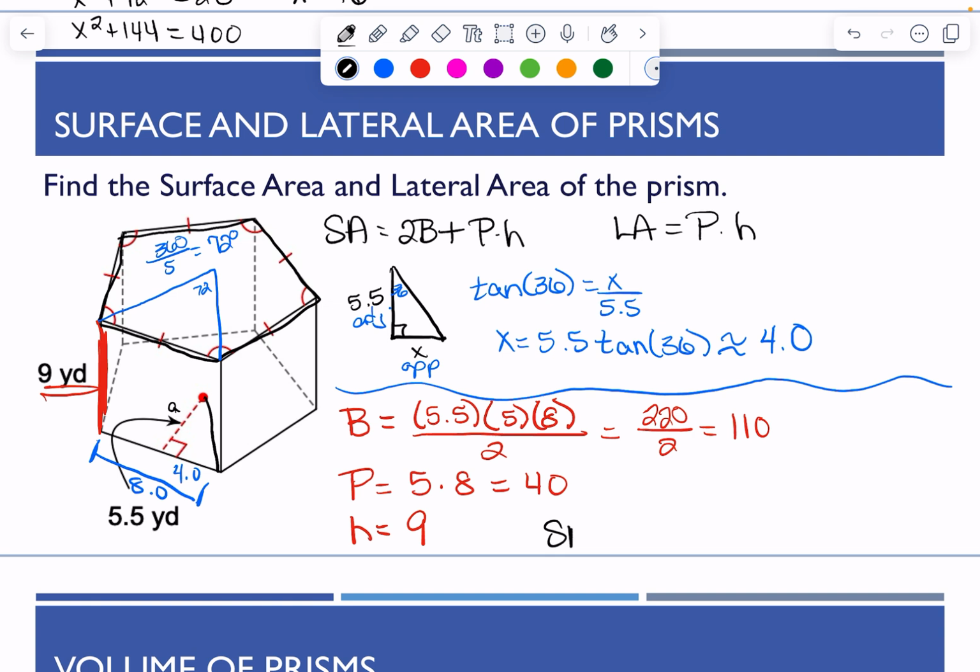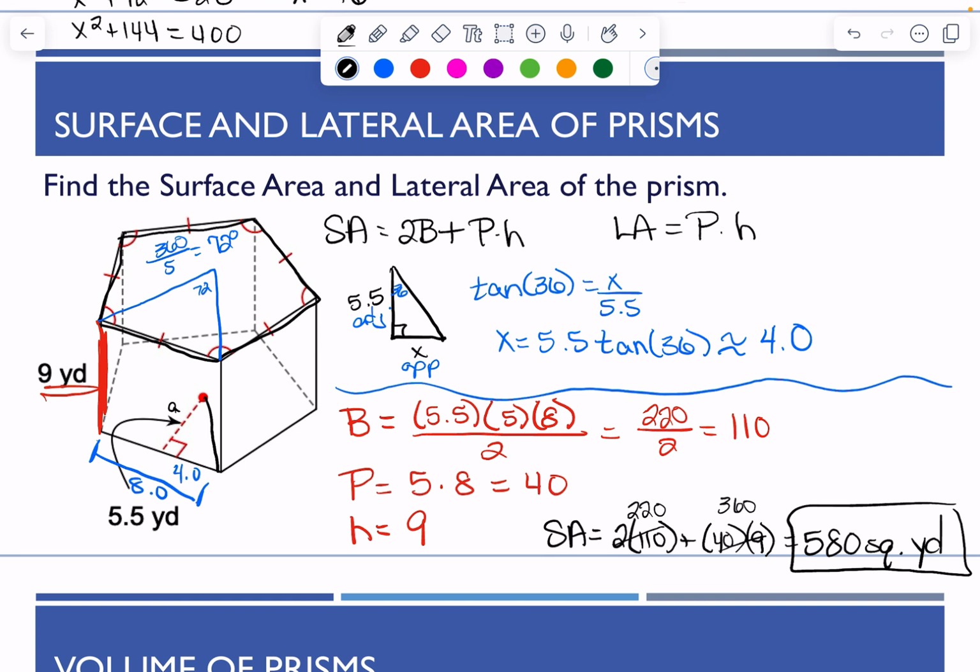So let's start with surface area. Surface area, we simply go 2 times the area of the base plus the perimeter, 40, times 9. So this is going to give me 220. That's going to give me 360. I'm going to add that together, so 360 plus 220, and that is going to give us 580 square yards for the surface area.